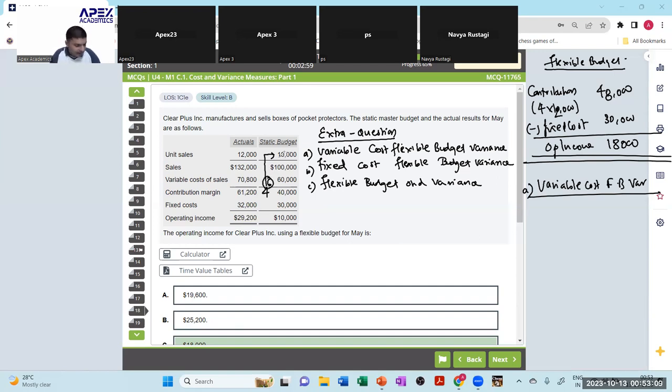For how many units? 10,000 units. Yes or no? But flexible budget, so budgeted variable cost minus actual variable cost. What is budgeted variable cost? 6 per unit for how many units? 12,000 units minus actual. What is actual? Actual is I can see over here 70,800.